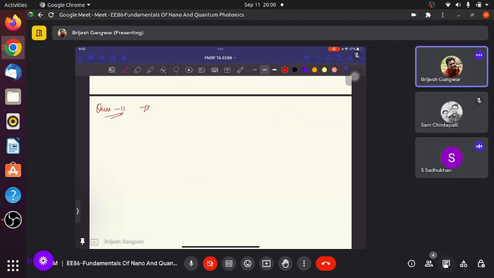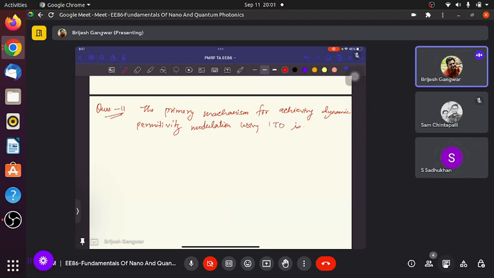Question 11 is the primary mechanism for achieving dynamic permittivity modulation using ITO is.